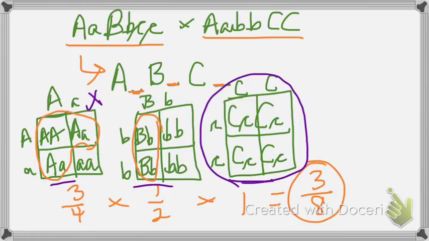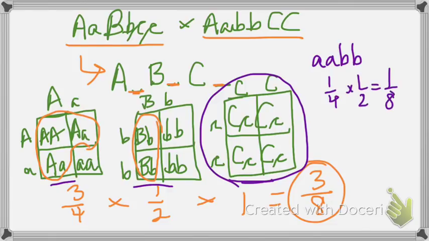So what is the chance that you end up with little a, little b? That would be the reverse of the answer, so you'd take 1 minus that. The chance of little a is 1/4, and the chance of little b is a half. So there's a 1 in 8 chance that the individual does not show at least 2 dominant traits.